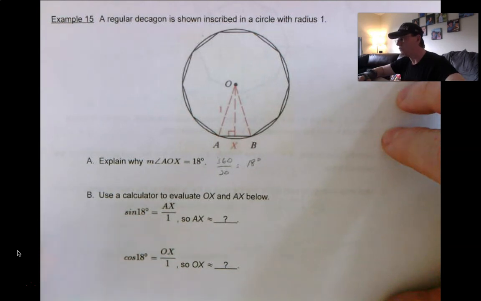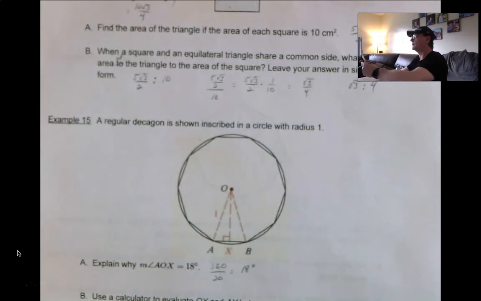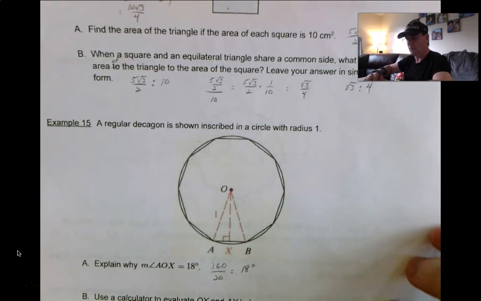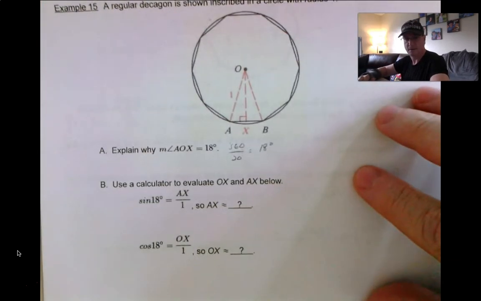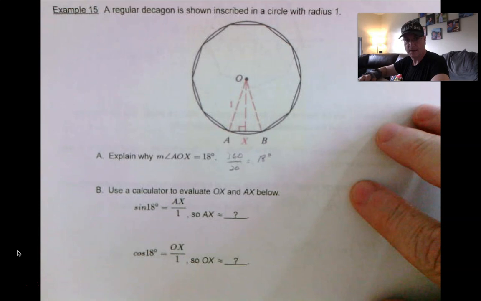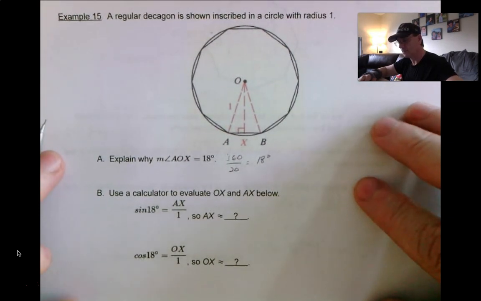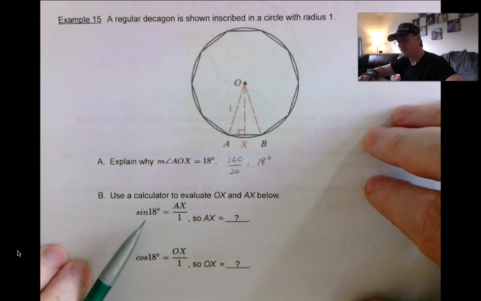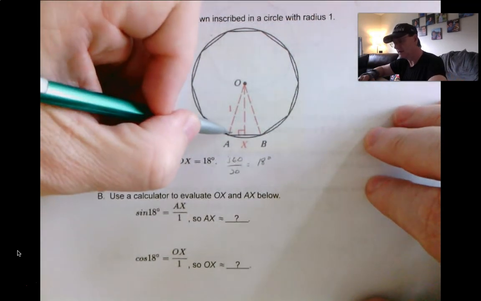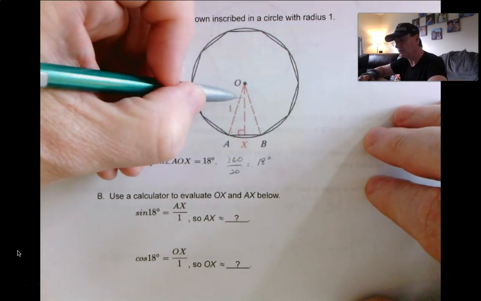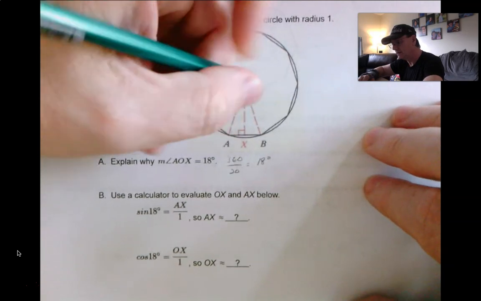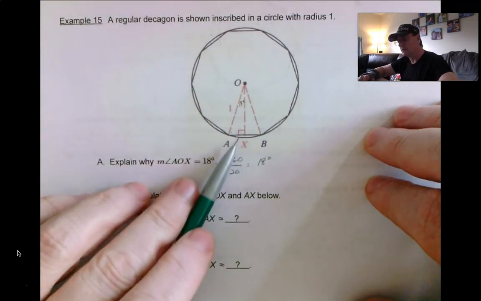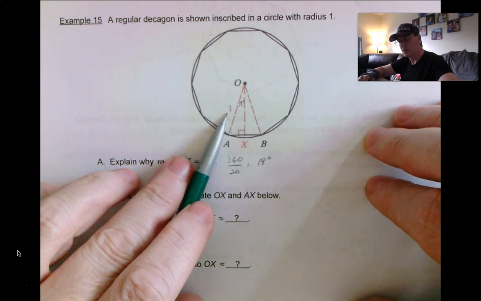Okay, we're going to use our calculator. Let me turn my calculator back on here to find the measure of AX and OX. We're going to use sine to find AX. Why? Because sine of 18 degrees is opposite over hypotenuse.